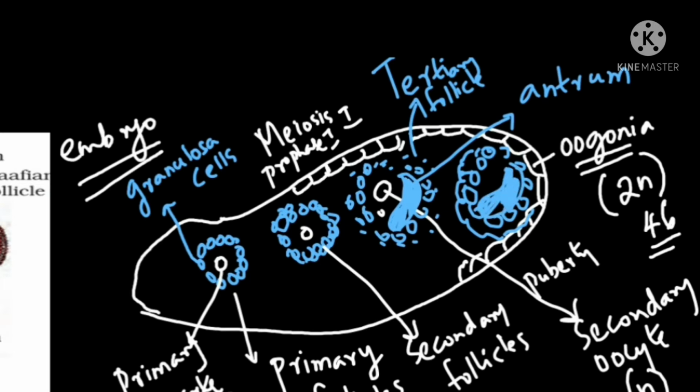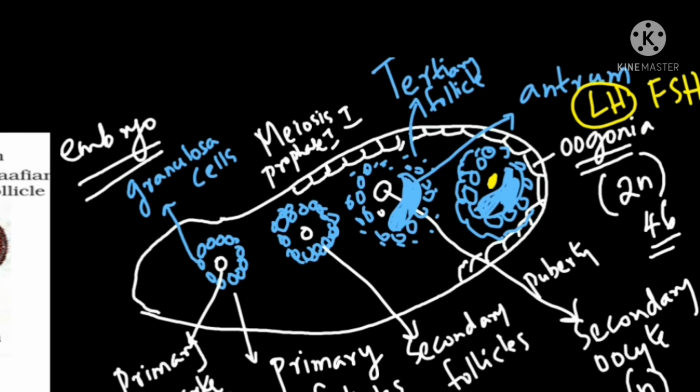Now this secondary oocyte is ready to come out of the ovary. It has to come out of the ovary. Here also the pituitary gland plays a role. There are hormones called LH and FSH in females also. LH, or luteinizing hormone, causes breaking of this big follicle.